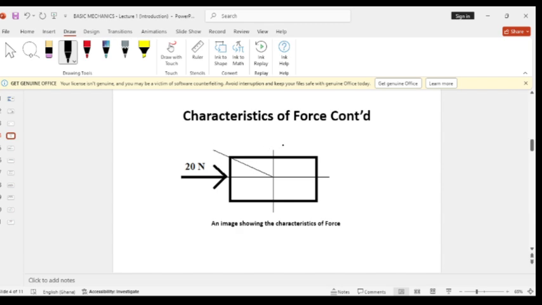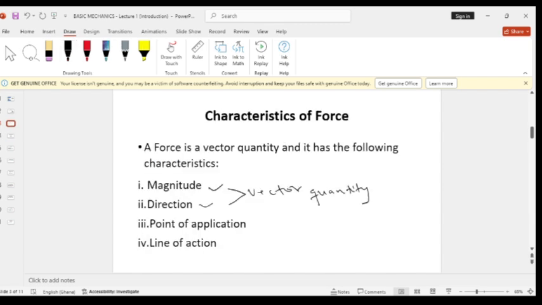Remember, we said the force has 1, magnitude, 2, direction, 3, point of application, and 4, line of action.